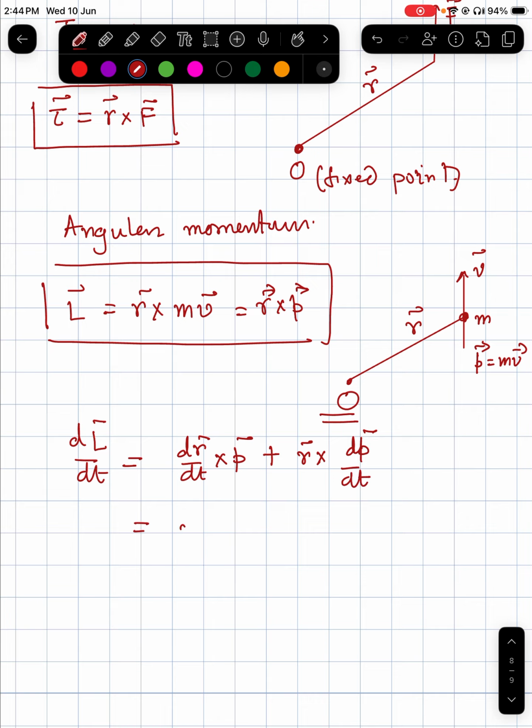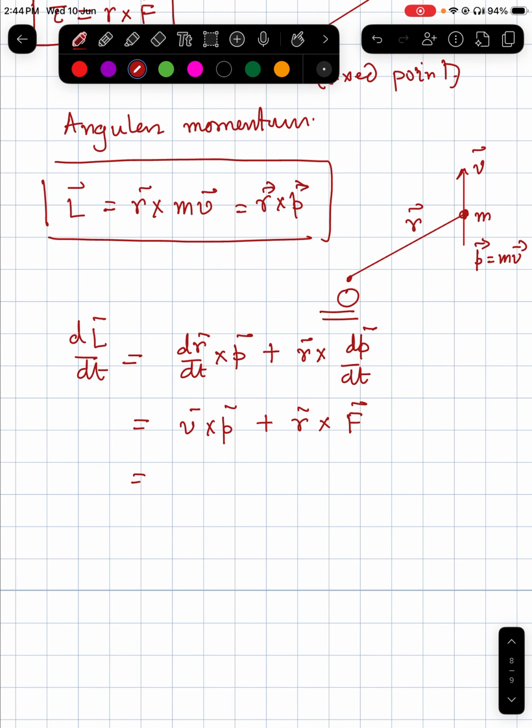So dR dt is already V, velocity, and P, and dp dt from Newton's law is force, right? And V cross p, equal to mv, and that is R cross F.